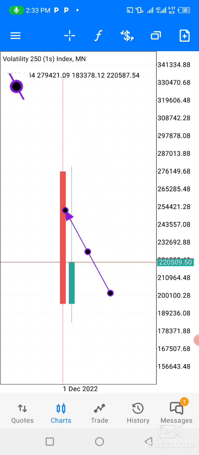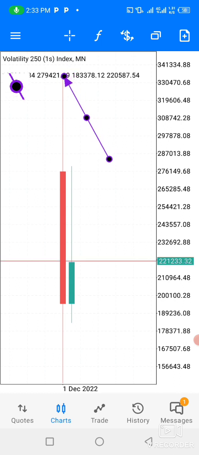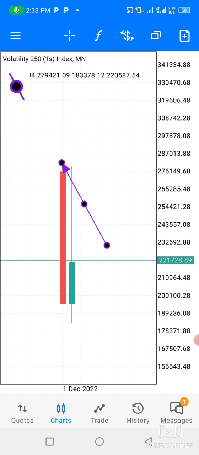If you study the first candle, it has wicks on the upper and lower parts, the bearish wick and the bullish wick. You notice that these wicks are very lengthy, so the market ranges near this high or near this low.